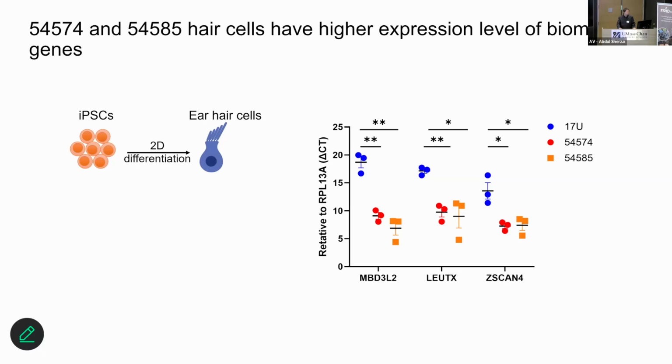We found that the two patients' hair cells have very high biomarker gene expression. Here the lower number means higher expression. So it's very promising that maybe DUX4 misexpression is the cause of hearing loss.